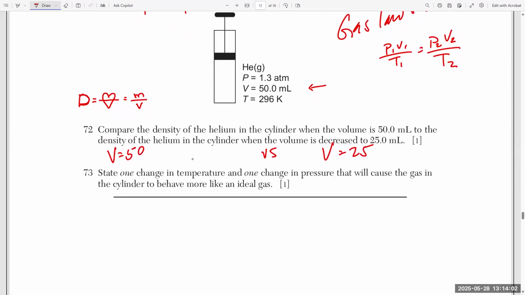So essentially in this case, density is going to be mass divided by 50, whereas over here, density is going to be the same mass divided by 25. So who's going to have a smaller density? The one where it's 50, because you're dividing by a bigger number, so it's going to be a smaller answer. And this is the volume at 50.